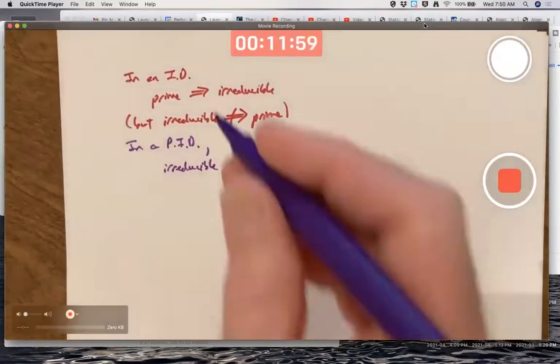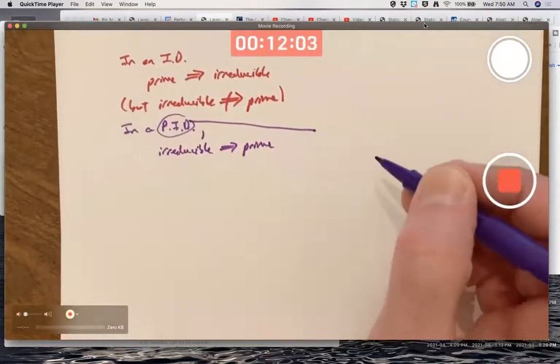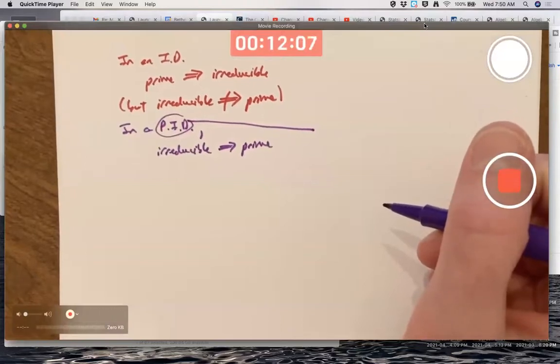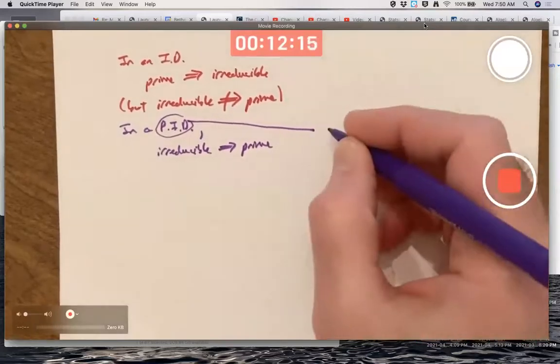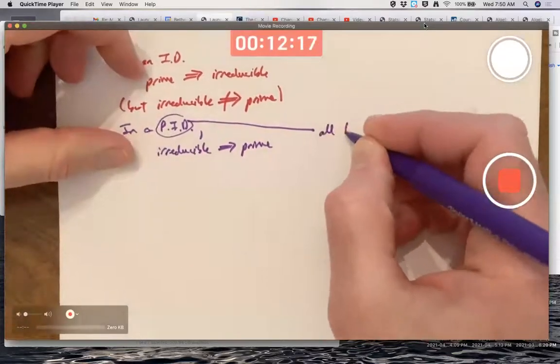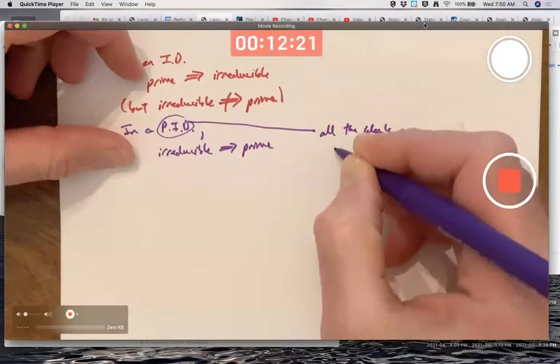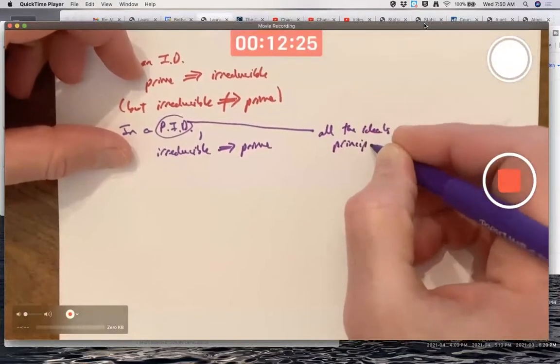What was a principal ideal domain? That's something you should certainly be able to define on the exam. Anybody want to remember off the top of your head? All of the ideals are principal ideals. Yep. All the ideals are principal ideals. The analog of cyclic groups.